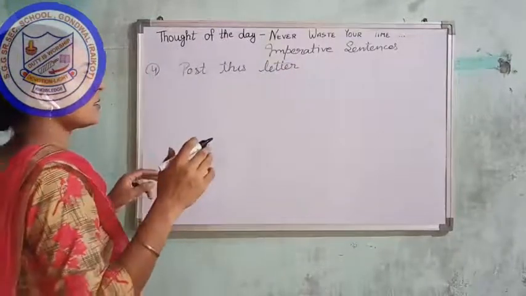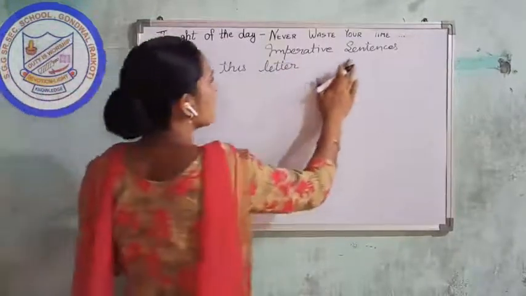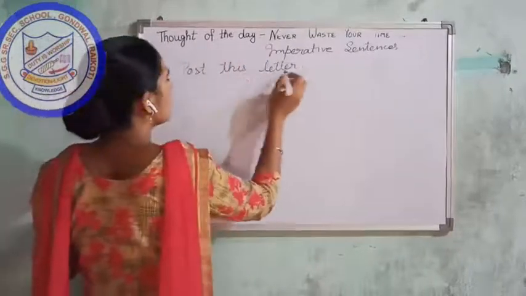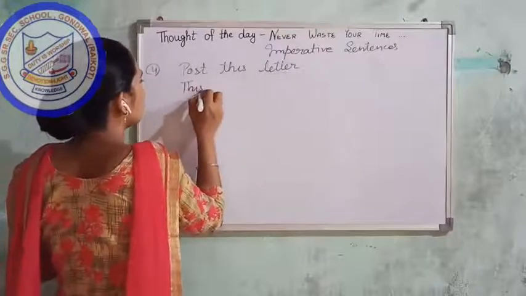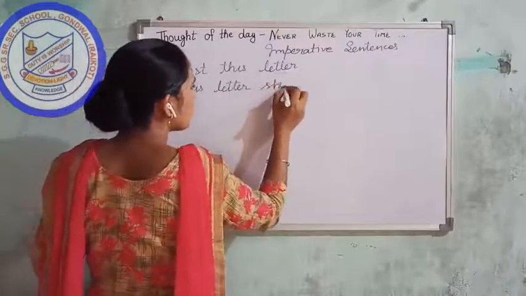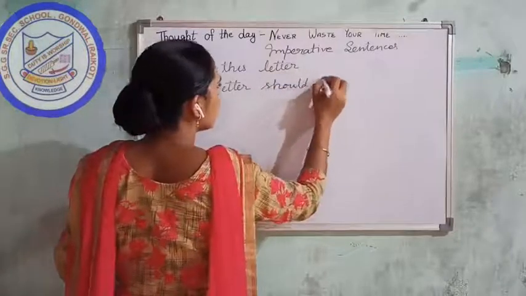This sentence is also solved in two types. The first one is: this letter should be posted. We will make use of should be.